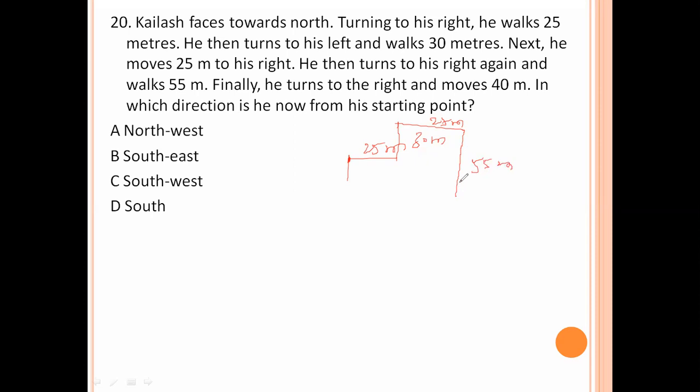Finally, he turns to the right and moves 40 meters. In which direction is he now from the starting point? This is east-south-east. Option number B is the right answer.